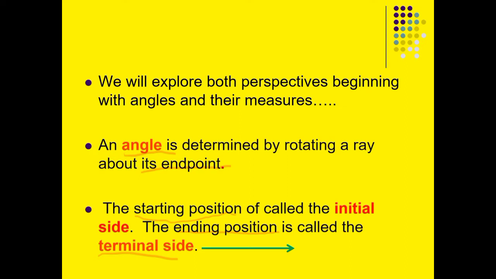In this manner, we understand the two given sides, the initial side and the terminal side. The angle is formed from those two rays, and that is the main idea we are going to understand in this discussion.